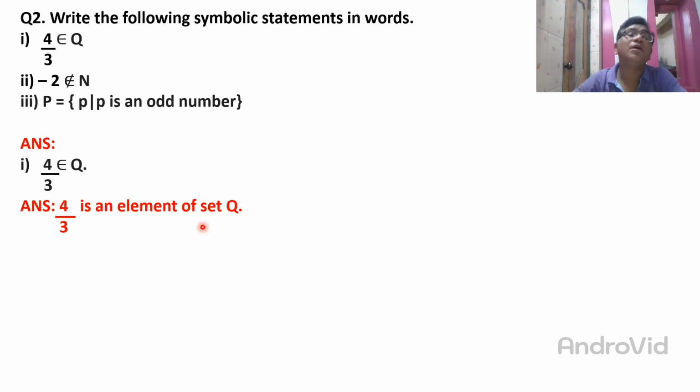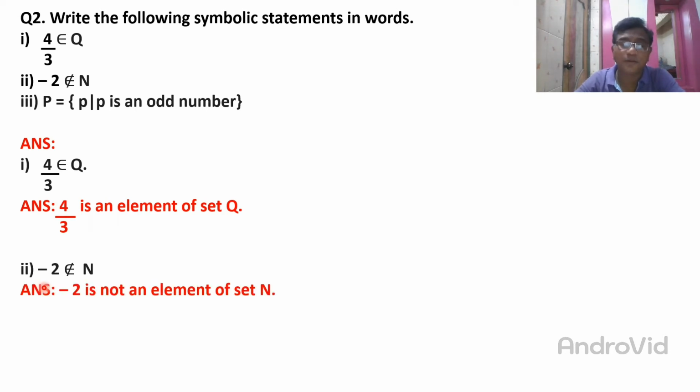Is that clear? Then another problem is there: minus 2 and N, and this symbol means not belong to. Not belong to means, see, there is a cross mark, so it means not belong to. What is N? Natural numbers. So minus 2 is not an element of the set of natural numbers.